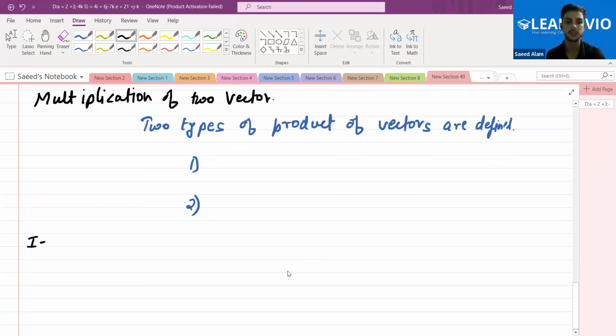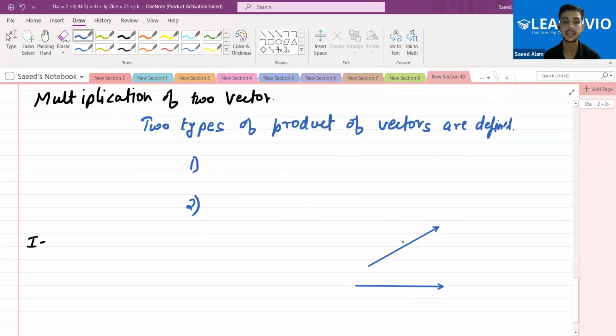But before starting that, first of all, see how it is defined. So let's say two vectors are given to me. Let's say this is one of the vectors that is given to me. How are we defining the vector this time? We are defining it graphically. Yes or no? Yes, sir.